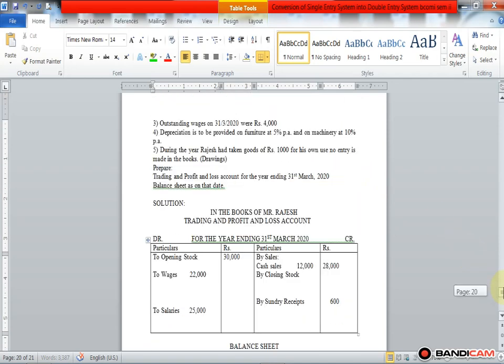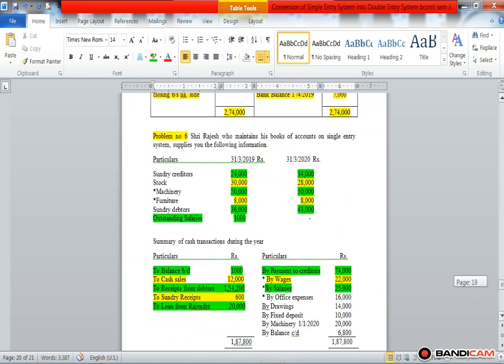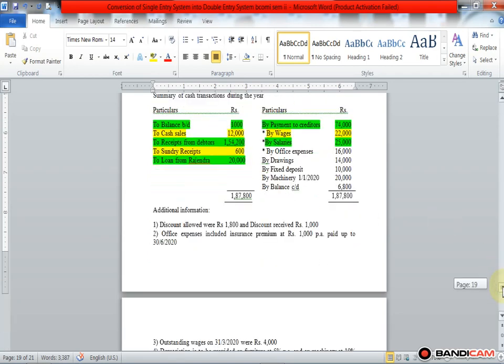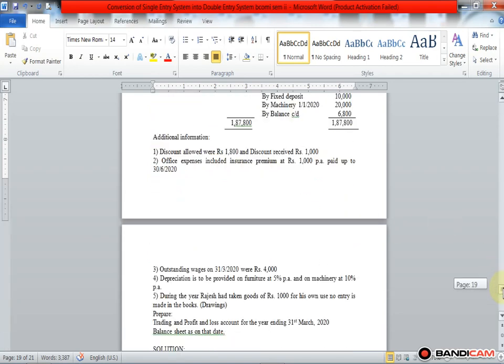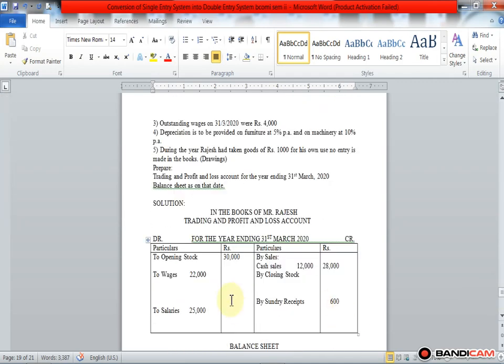Remember the rule that opening outstanding is less and closing outstanding is add. So outstanding salary on 1st April 2019 will be deducted from salary. Last year's salary is minus from salary and current year's salary is add in salary.